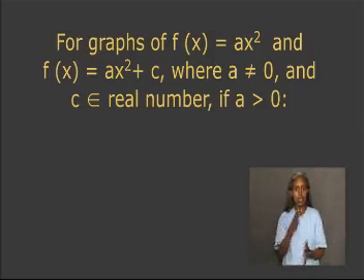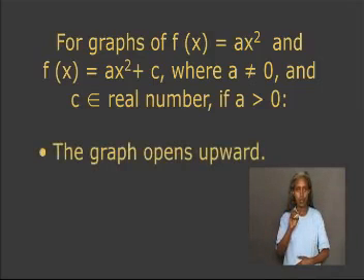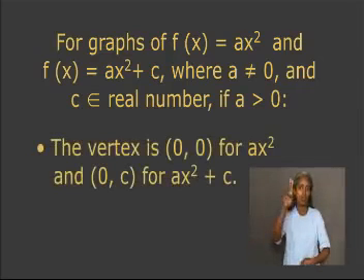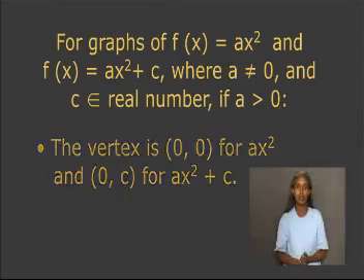If the value of a is greater than 0, the graph opens upward. The vertex is 0, 0 for ax squared and 0, c for ax squared plus c.